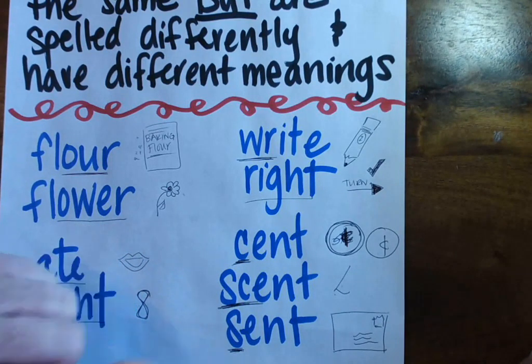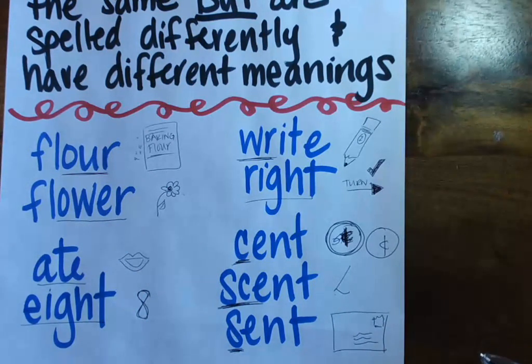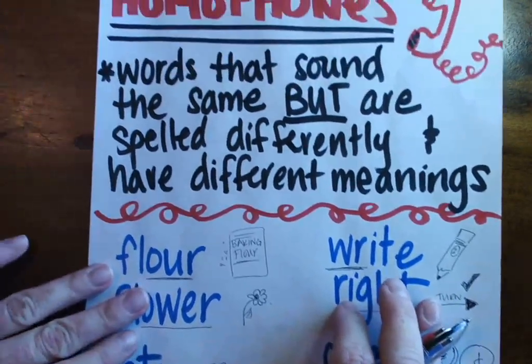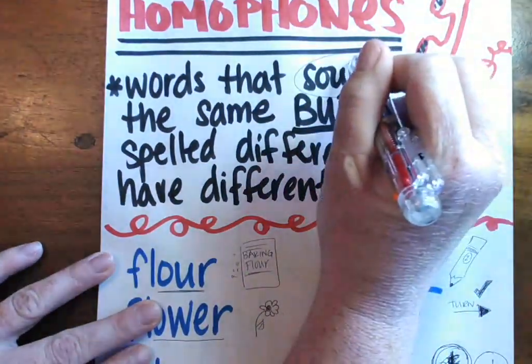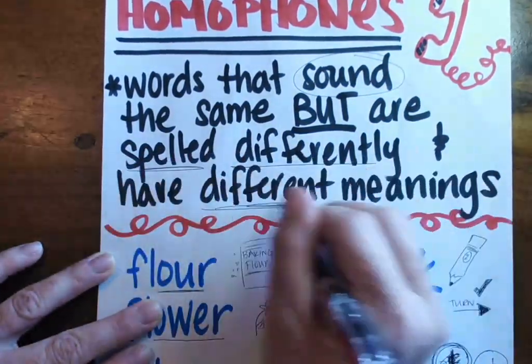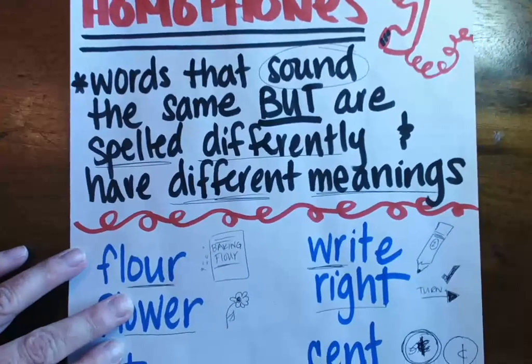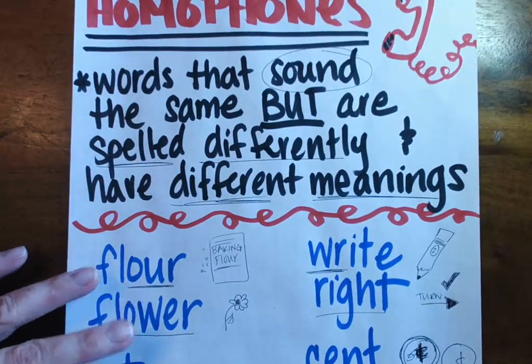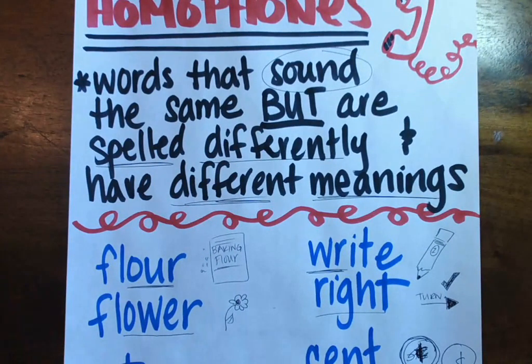So remember, repeat after me. Homophones sound the same, different spelling, different meaning. Sound the same, different spelling, different meaning. All right, so you might be saying, Mrs. Sisney, how do I know which one or what it means in the sentence?